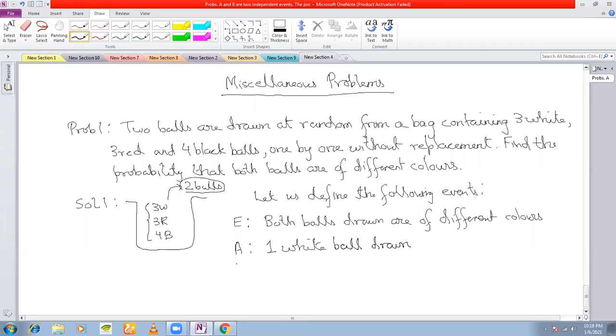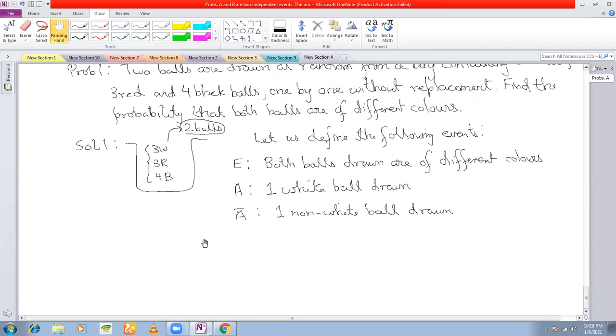then what is the complement of this event? A bar is one non-white ball drawn, right? Or you can do it this way also. Since there are only 3 colors, you can say one white ball and one red ball, 2 different colors.